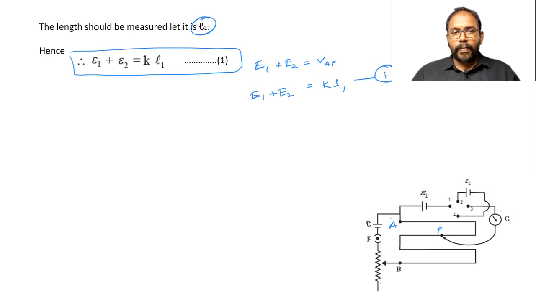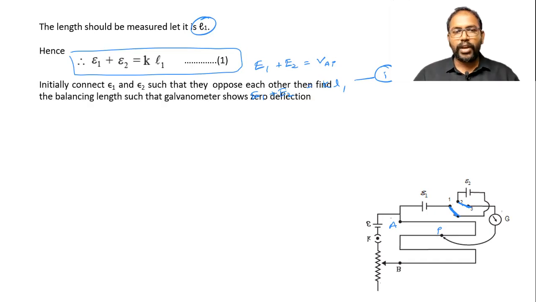Now after that, we have to remove this arrangement without disturbing anything else. We have to connect the cells for the difference arrangement. Difference means the negative of 1 is connected to the negative of 2. I can show it here by the blue line. This is the difference arrangement. Then again we have to find the balancing point P such that the galvanometer shows zero deflection. As we get that point, the length AP, that is length L2, we have to measure.